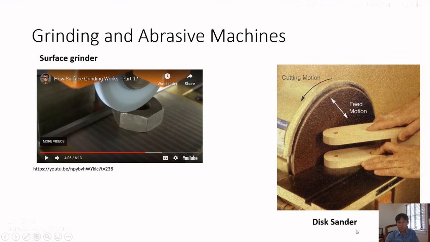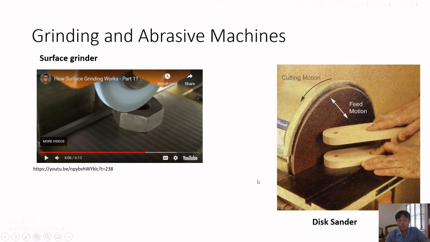Another example is the disc sander. This is a wood sander. So this is the sand disc and then the material, and this is rotating. The cutting motion is rotating, and the feeding motion moves the material close to the sand.